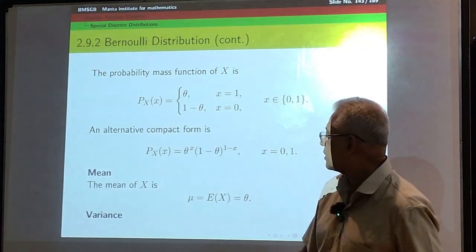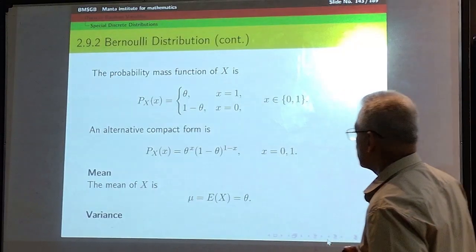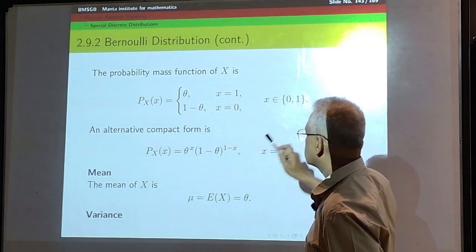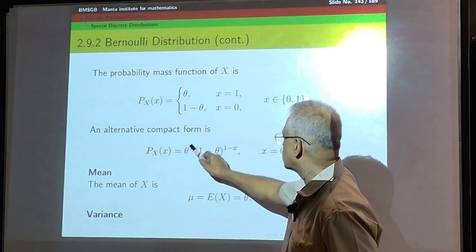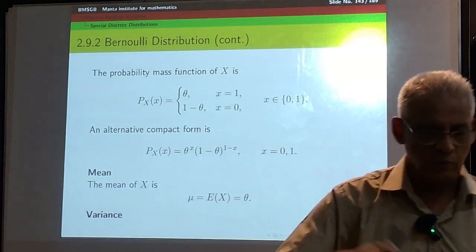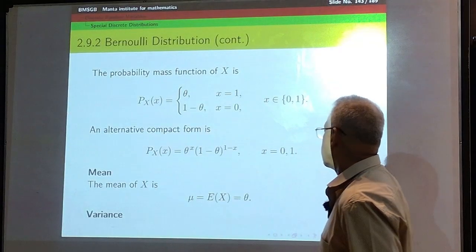So that is theta. P(0) means probability capital X equal to 0. So that is obtained by putting small x equal to 0. So you have theta to the power 0 times 1 minus theta to the power 1, that is 1 minus theta. So both probabilities can be obtained from one formula here, right?